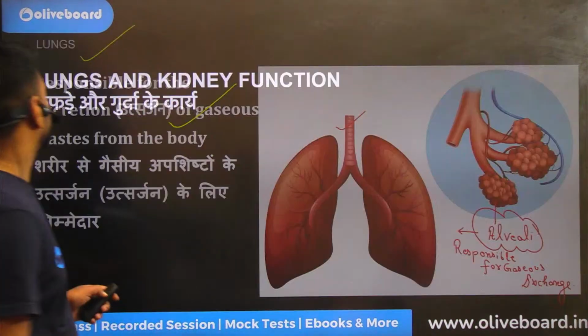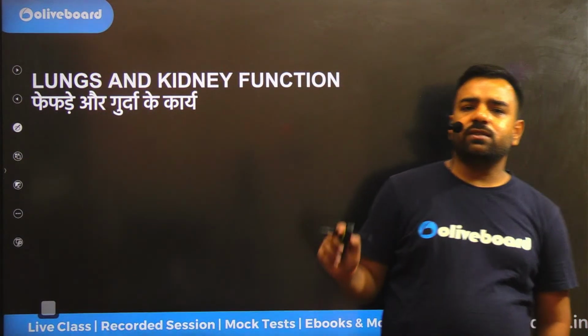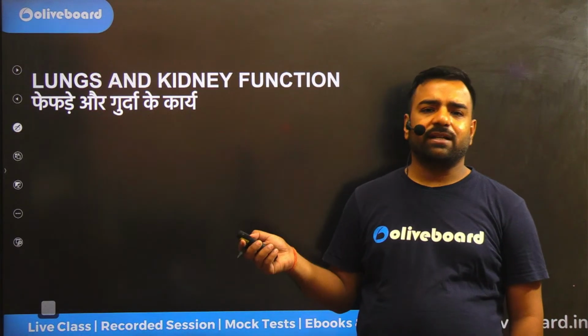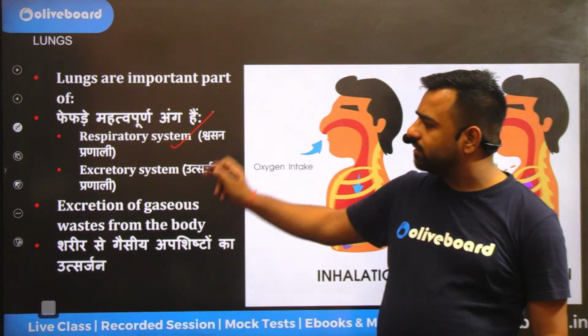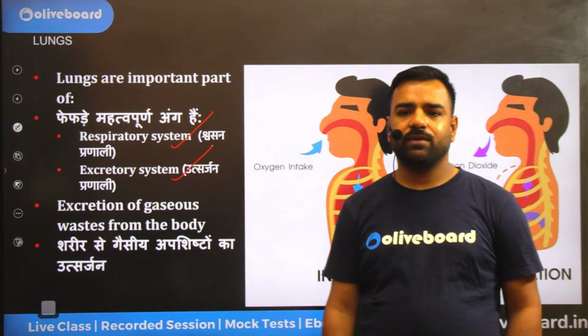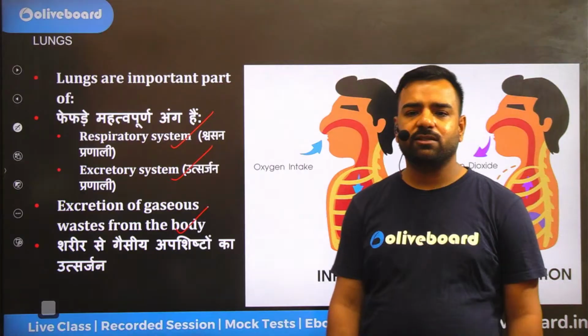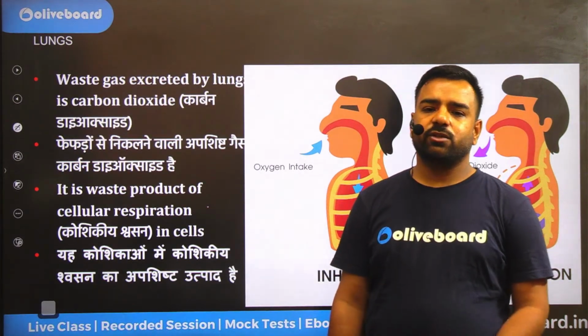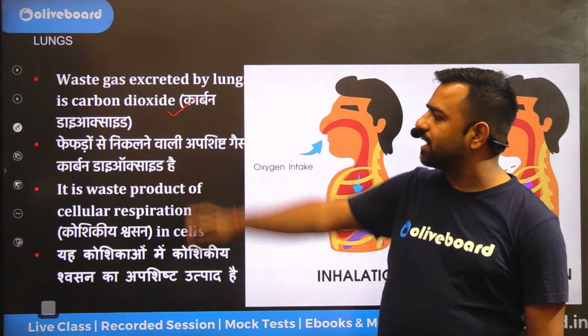Okay, done. Then talking about the lungs and kidneys function. The lungs we have discussed in the respiratory system in the past class also. Lungs are an important part of the respiratory system as well as the excretory system. The excretion of gaseous waste takes place from this location itself, right? So here waste gas is excreted by the lungs, and that is carbon dioxide.